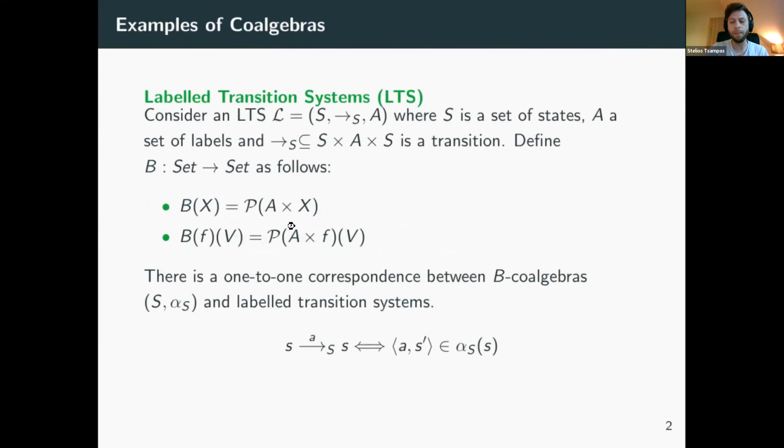A very prominent example of such coalgebras are labelled transition systems. And the concrete definition of an LTS is that of a triple: S, this arrow, this transition structure, and a set of labels A. So an LTS is a relation from a set of states down to a pair of labels and other states.